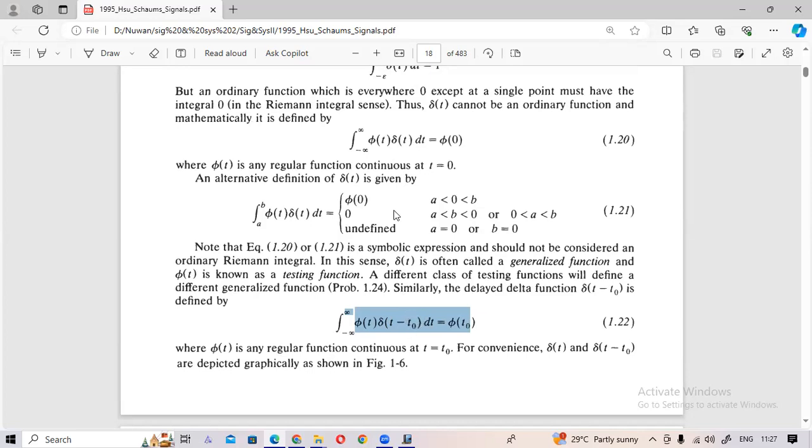That means t naught is 0. So the same equation is there. So this is the time shifted version. Here time is not shifting, that means the time shift t naught is 0. So you can put 0 instead of this t naught. So these are the properties.